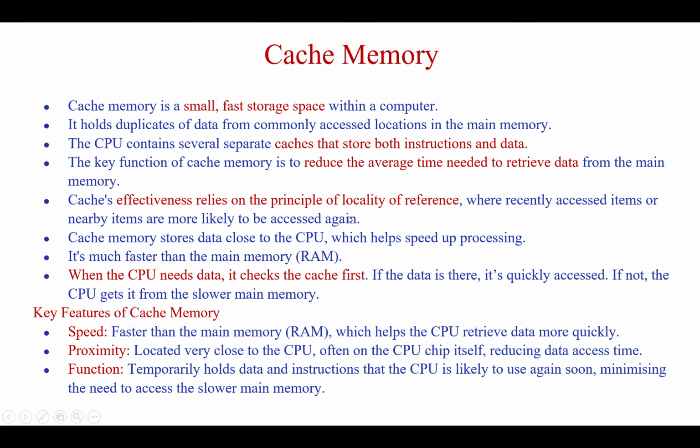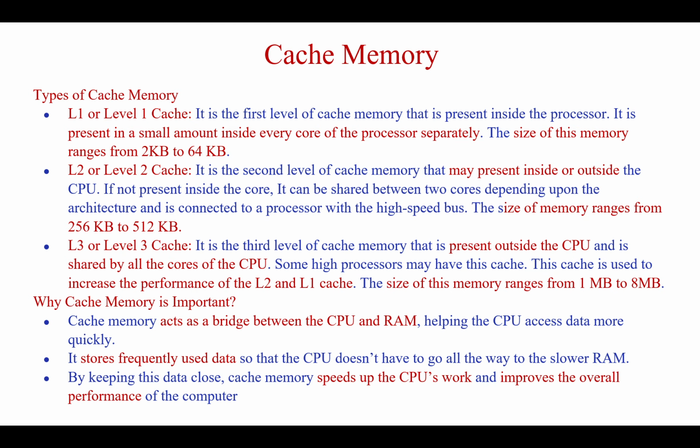Next, some key features of cache memory: speed, proximity, and functions. Next, cache levels. There are three cache levels. L1, or level 1 cache, is the fastest and smallest, usually per CPU core, and might be split into an instruction cache and a data cache.